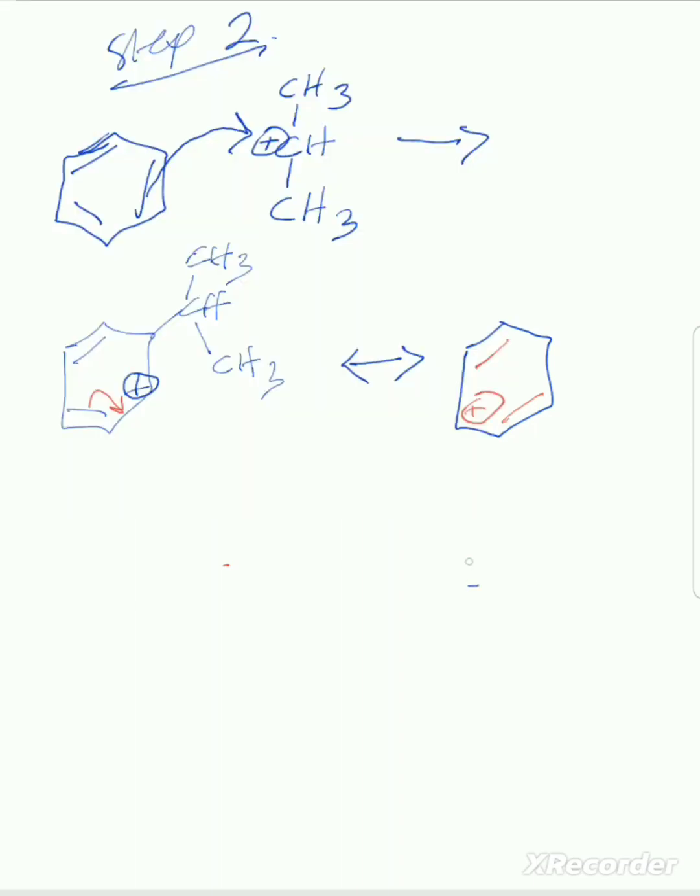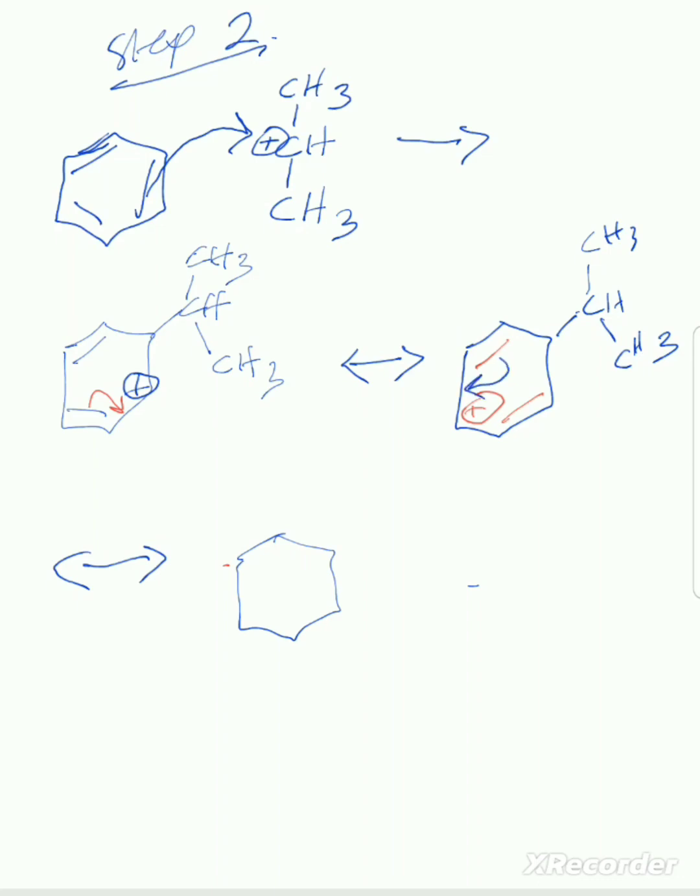So now we have this one CH, then here CH3, then here CH3 like this. But it will form three resonance forms, so the other one will be like this. This can also come here to stabilize this charge. So here there will be a bond, here there will be a bond like this.